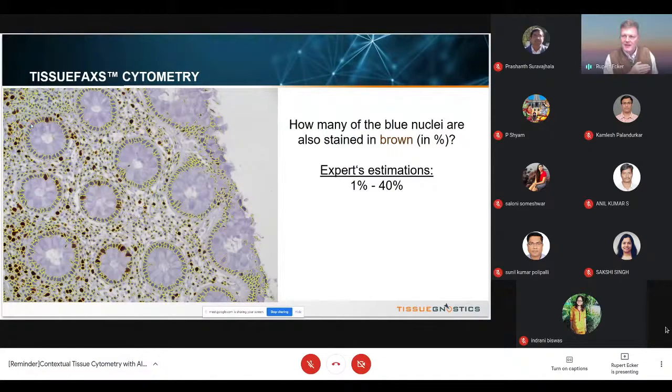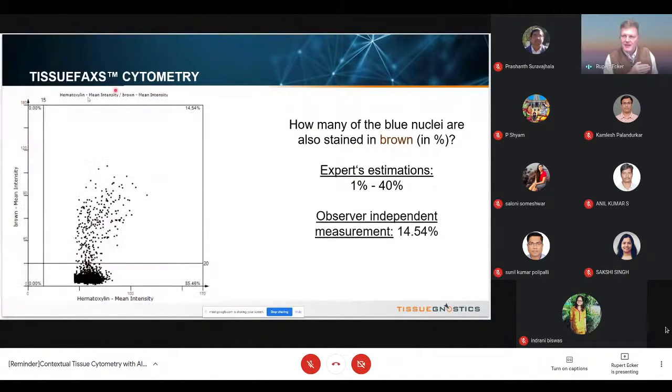And this is shown in such a scattergram, or people in flow cytometry call it a dot plot, where on the x-axis we show the mean intensity of the blue staining, and on the y-axis the mean intensity of the brown staining, so Ki67. This line here is famous in flow cytometry. It's called the cutoff, and it determines the level of specificity in our staining.